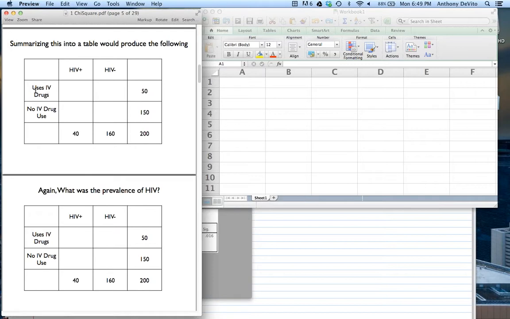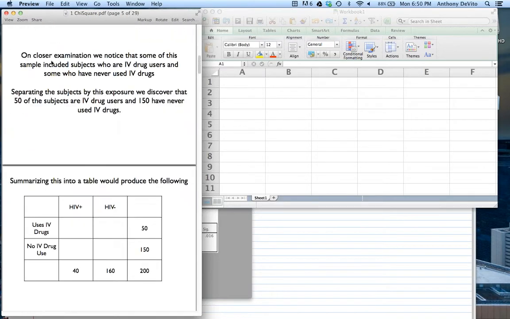Use of IV drugs is either yes or no, so it has two possible values. HIV status is HIV positive or HIV negative. So we're dealing with something kind of new in terms of combinations of variables that we're going to analyze.